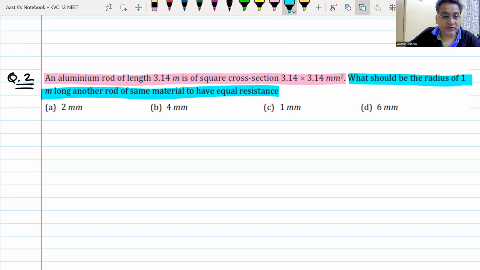Do we understand this question? Yes, sir. So I'll give you 1 minute to solve it. Anyone got any answer for this?